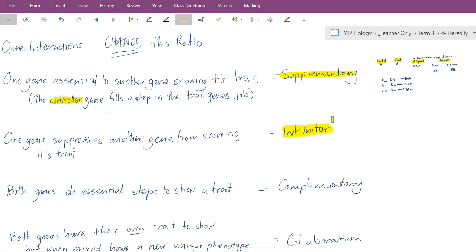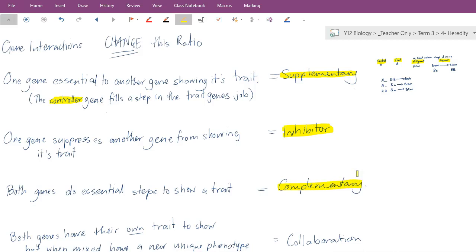So if it's got any dominant traits showing, then the other one won't show at all. So that's the inhibitor relationship. Then we went and looked at complementary. This is where you need both genes to come together and both of them have the steps in the process to make a trait. Both of them have to contribute part of the recipe, and without both of them present, you get no trait at all.